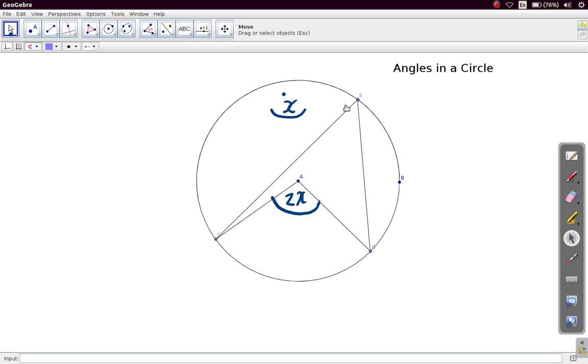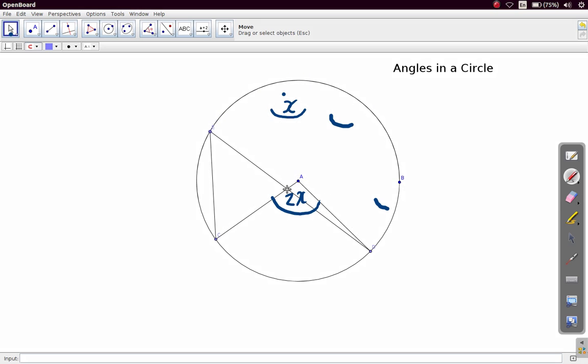If you stop it here, it's going to be the same angle that you get right here, right? If you move it down here, the angle at the circumference is the same x, same angle. If you move the joint of these two chords over here, it's going to be the same angle that you get, all right? The same x.